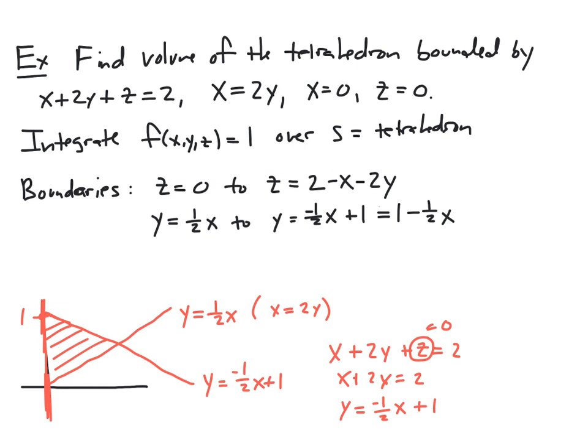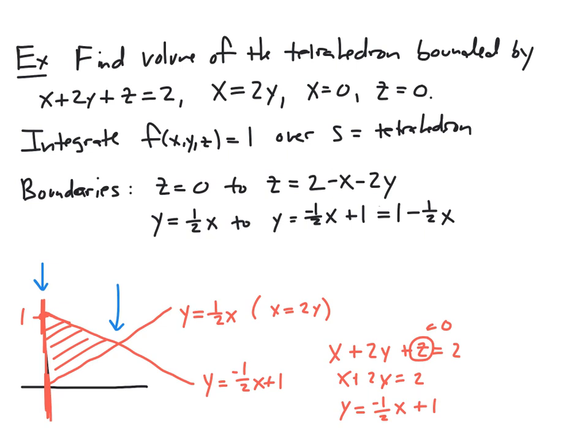The last step is to find the values for x. Notice that this region does start at x equals 0. That was one of our curves. We need the intersection point here, whatever the x value of that point is.